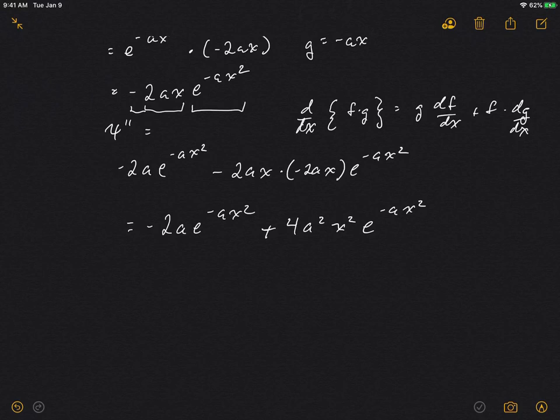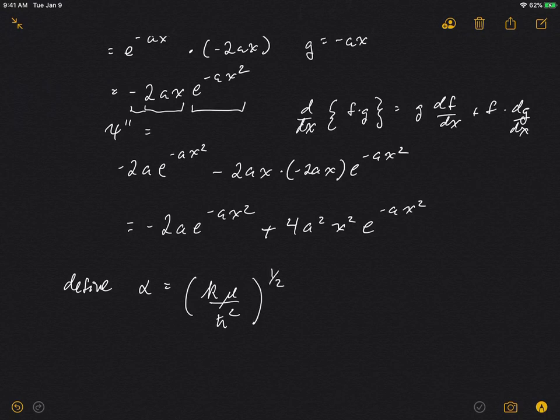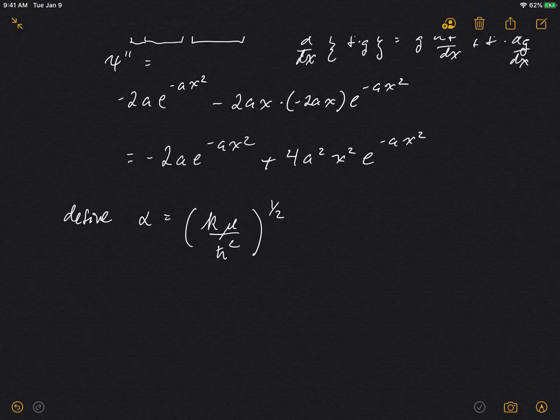Okay, so to do that, we define a new constant. We'll call it alpha. It's k mu over h bar squared, to the 1/2. And we define our trial wave function as e to the minus alpha x squared over 2.